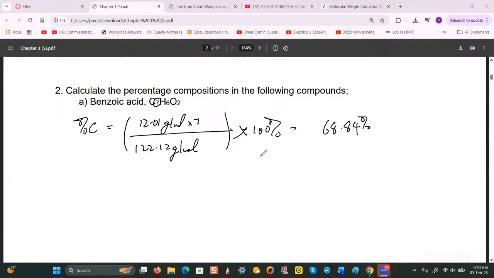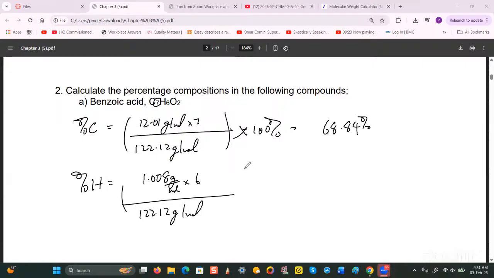And we do the same thing for the others. So let me do that now for the hydrogen. The percent of hydrogen will be equal to the molar mass of hydrogen, 1.008 grams per mole, multiplied by 6 for the hydrogen, and then divide that by, again, 122.12 grams per mole. And again, we multiply all of this by 100%.